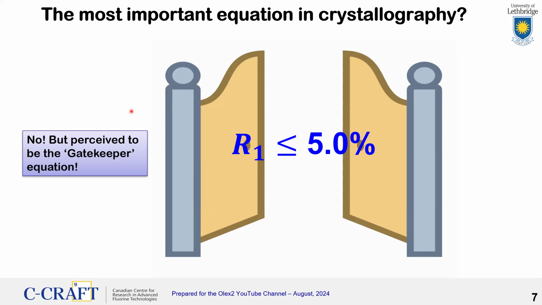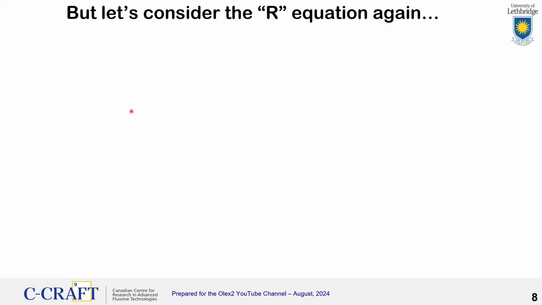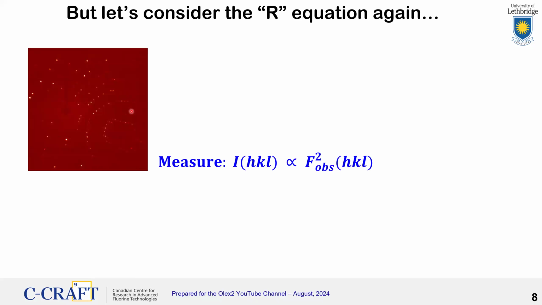Certainly not in JACS or Nature Chemistry or some journal like that. Well, that's not entirely true, but I'd like to use the R-value equation once again in a little bit of an explanatory context of what we're talking about here.